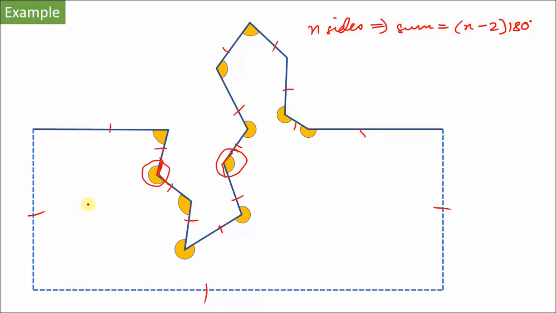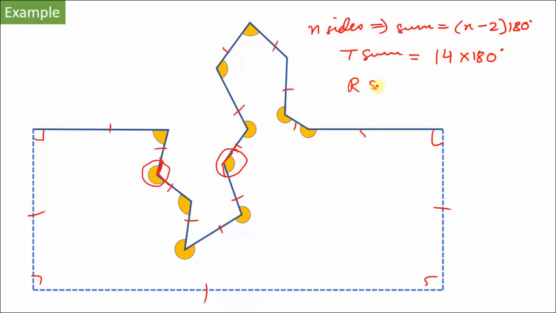Now the extra angles that we are creating on making this polygon are these angles 1, 2, 3 and 4. 4 right angles. So we will discard these 4 right angles from the total sum. Now the total sides of the polygon are 16. So the total sum will be (16 minus 2), 14 into 180 degrees.